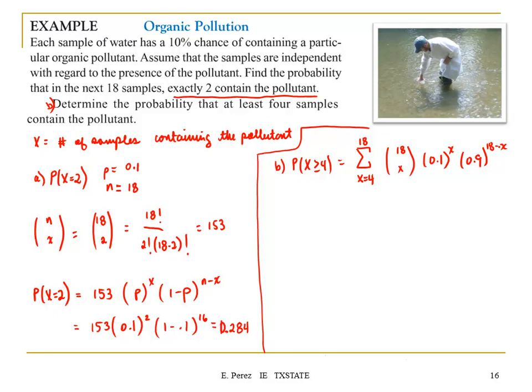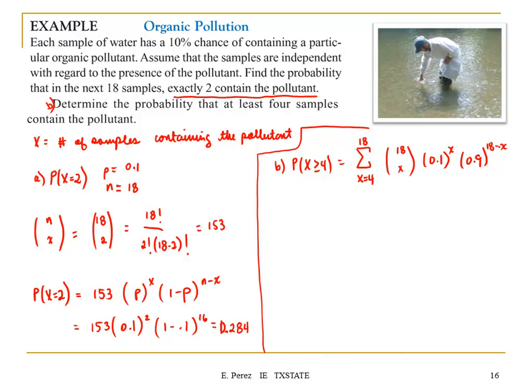But you have another option. You can look at the complement. Instead of adding all this, you can look at 1 minus the probability of X being less than 4. Essentially, instead of computing all this, you compute this area and then subtract that area from 1.